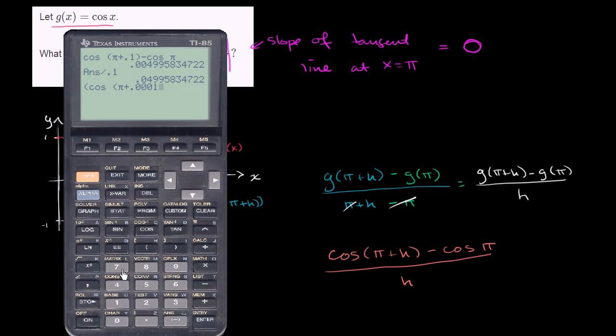So 1/10,000th more than pi, right over there, minus cosine of pi, and now we are going to divide by this h, 0.0001. And what do we get? 5 times 10 to the negative fifth. So you see clearly that we're getting really small numbers. This expression is approaching 0.